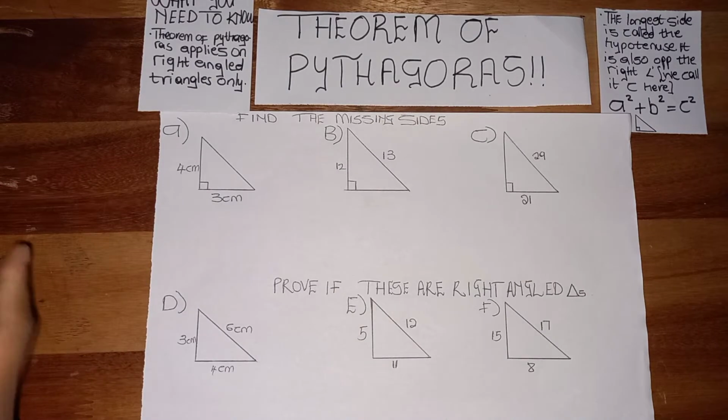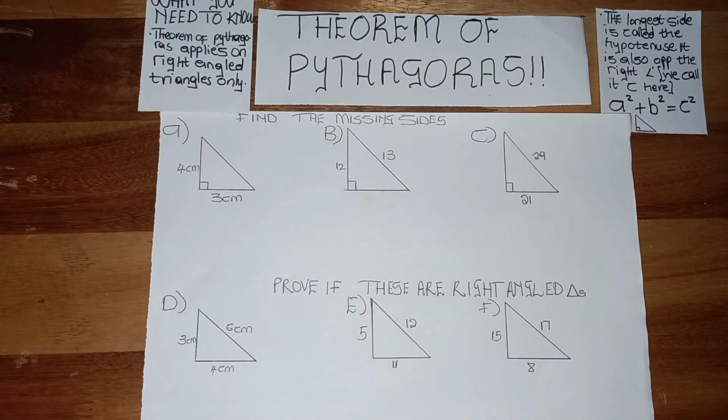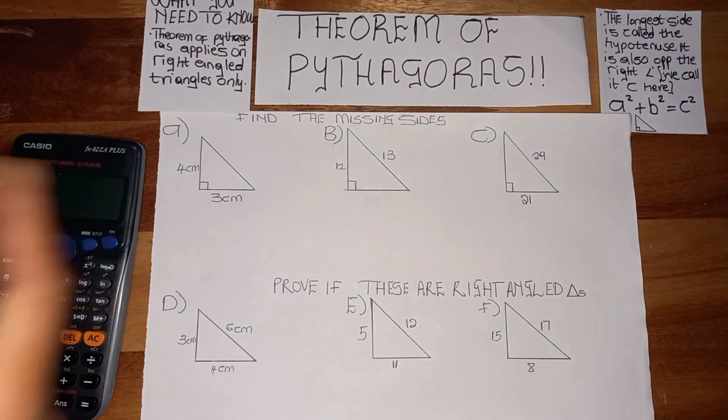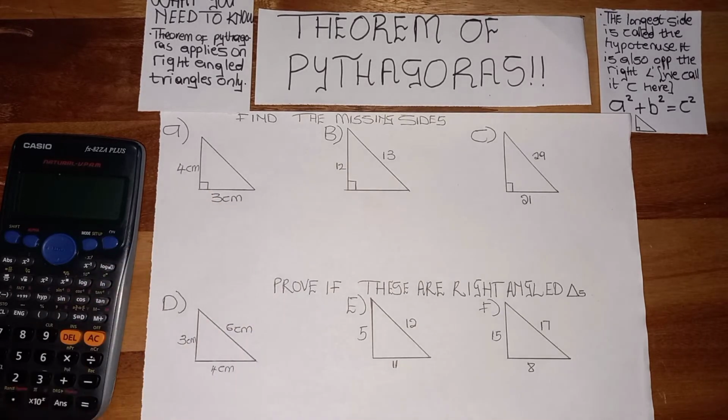As you can see here, we have shapes that may look like right angled triangles. For the first set of 3 questions, we'll be solving for the unknown sides. As you can see, this is a right angled triangle, meaning that we can use the Theorem of Pythagoras to find the missing side. For the next set of 3 questions, we are going to prove whether these are right angled triangles.